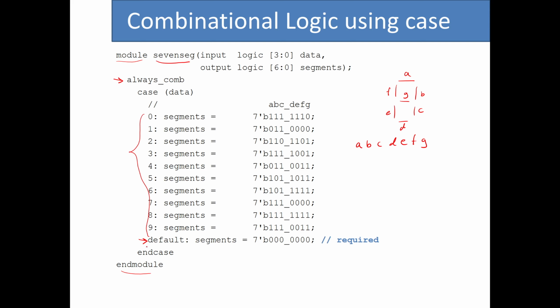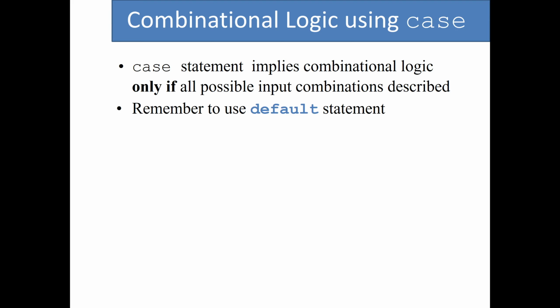If there are cases that you don't care about, you still have to provide a default case so that anything outside the specified cases falls under that category. So a case statement implies a combinational logic circuit only if all possible input combinations are described.